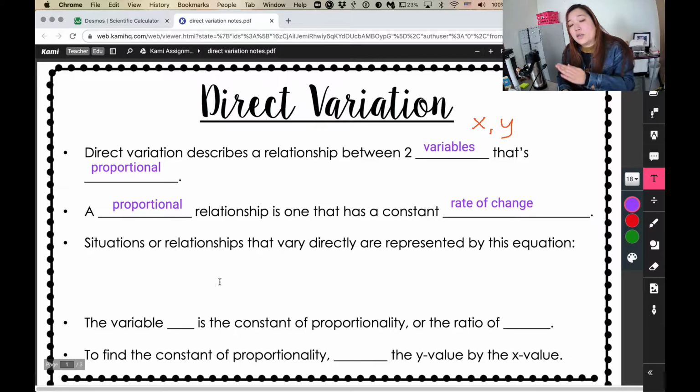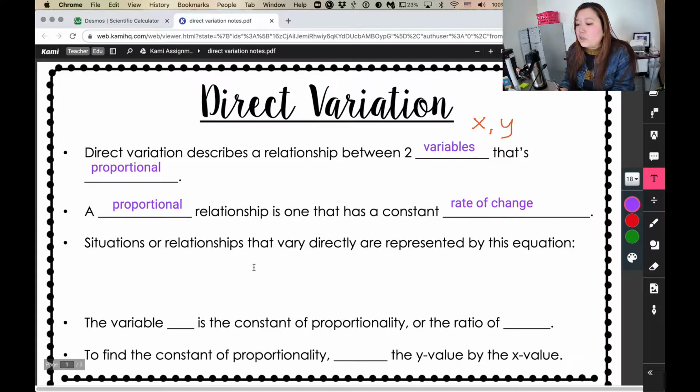So that's not a constant rate of change because it could change anywhere from between $10, $100, $50. That's not constant. So that's a non-proportional relationship. So the kind of problems we're looking at are just the proportional ones, just the ones that have the constant rate of change. Okay. And you may have done some of this last year in 7th grade, but with 8th grade we have more of an emphasis on word problems, right?